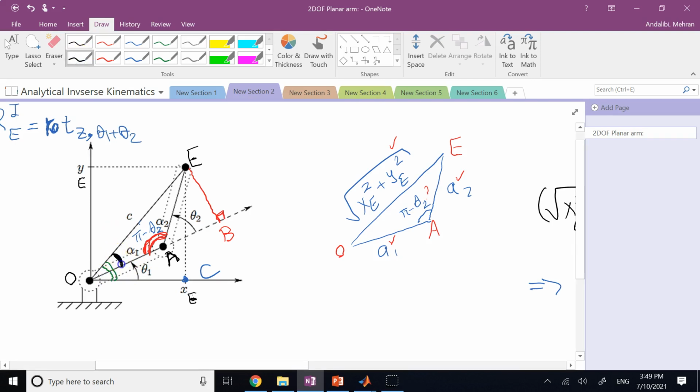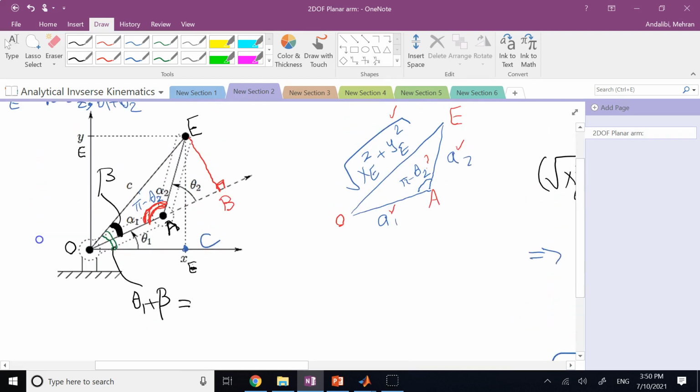If I give this angle shown in black just some name, for example beta, then clearly this whole thing is going to be theta 1 plus beta, correct? Now my question is, do you know how I can find this theta 1 plus beta?